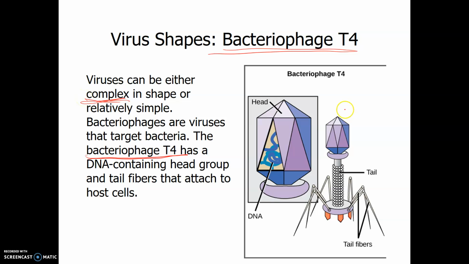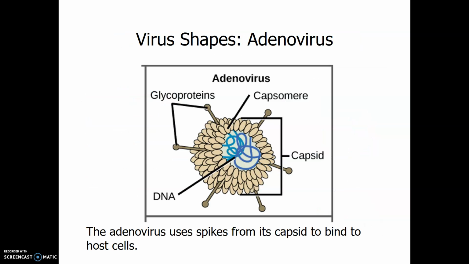This particular one has a head region. The DNA is located within the head region, and then it has a tail region with tail fibers. I was calling them legs or appendages, but it's the tail fibers that actually attach it to the host cell, and the host cell is some sort of bacterium.